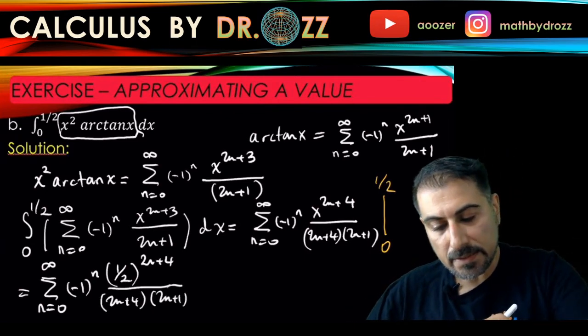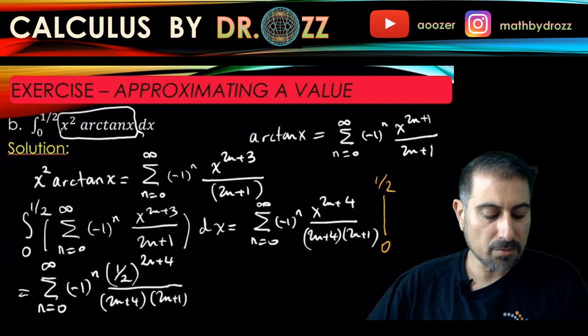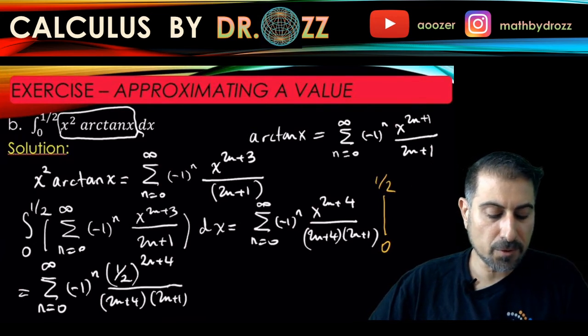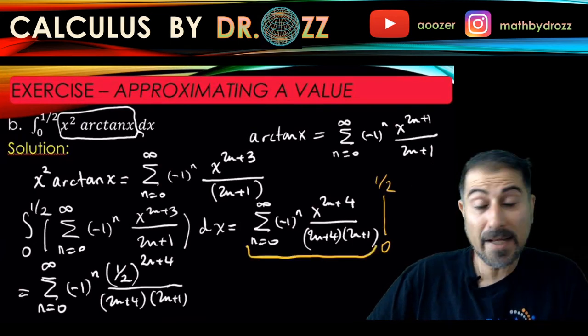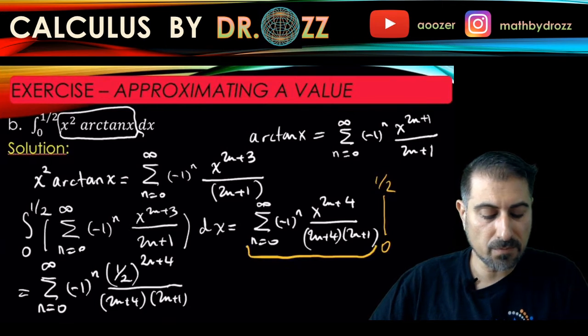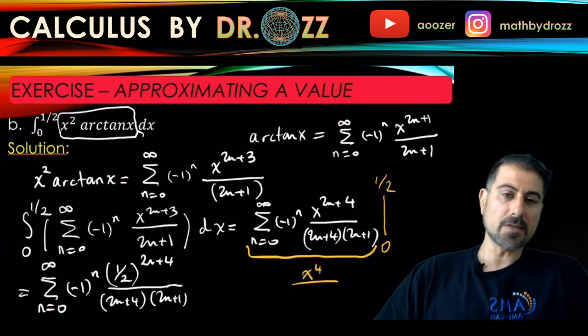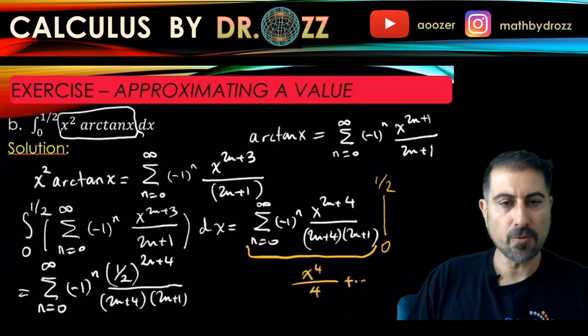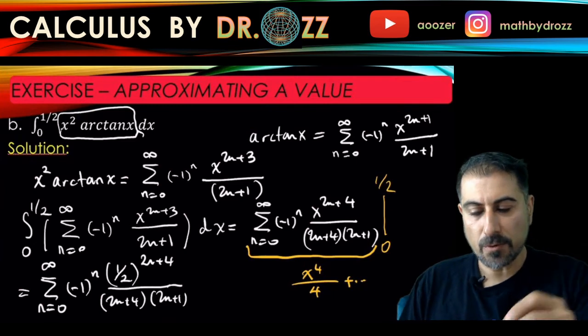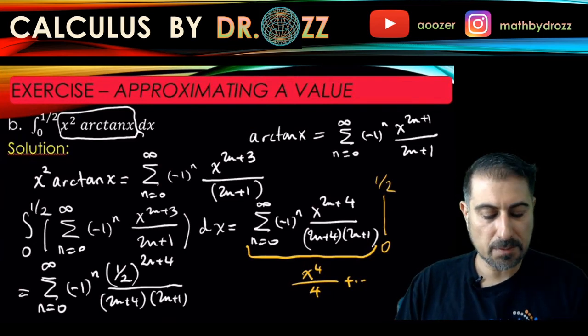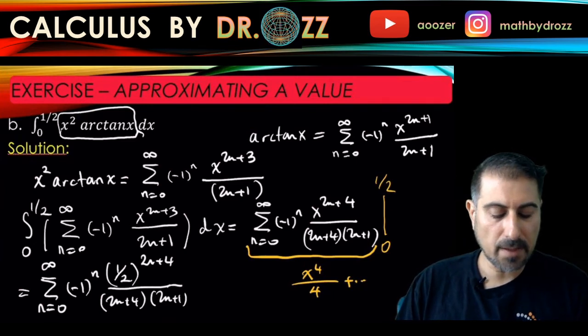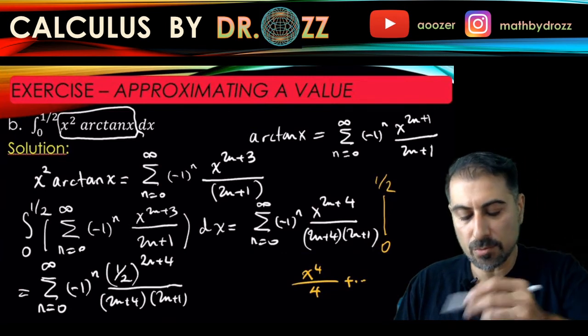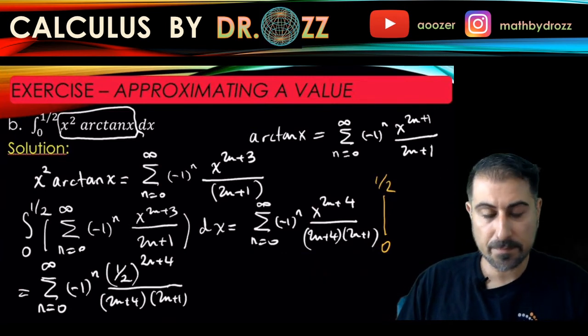What's good here is that the lower limit spits out 0, because the very first term, for n equals 0, starts with x to the 4th divided by 4. This infinite series is starting with x to the 4th divided by 4 and going all the way forward, and when you plug in 0 for x, that is going to spit out 0. So the lower limit is just providing you 0.